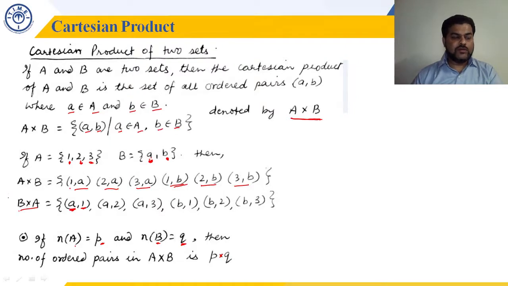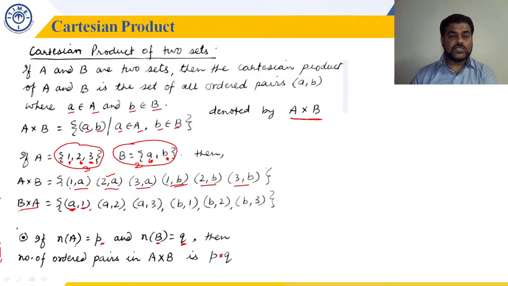For example, here, this is A, this is B. The number of elements in set A is 1, 2, 3, which are 3 elements, and the number of elements in set B is a, b, which is 2. So the number of elements in A cross B is 3 multiplied with 2, which is 6.